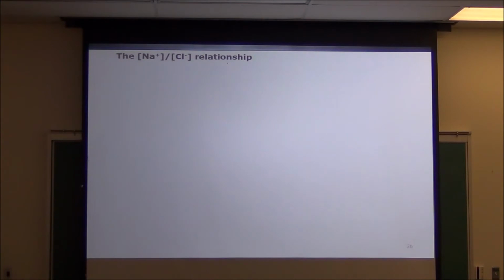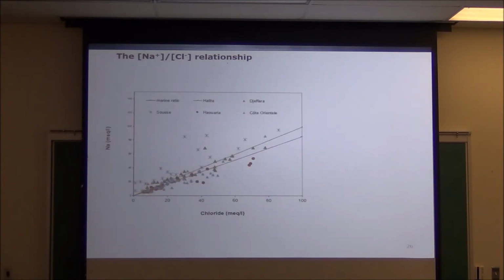The determination of the origin of the salinity is given by the relation between the major elements and sodium chloride established for this aquifer.